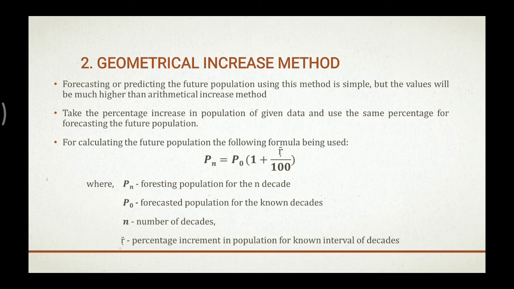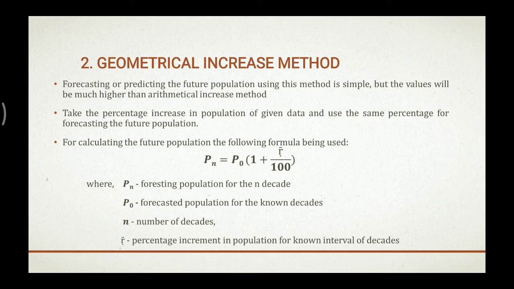In this, forecasting and predicting the future population is simple, but the values whatever we get will be higher compared to the arithmetic increase method numbers. Next, we will be taking the increments, whatever the average we have found, every decade's population increment, there we have taken it directly.